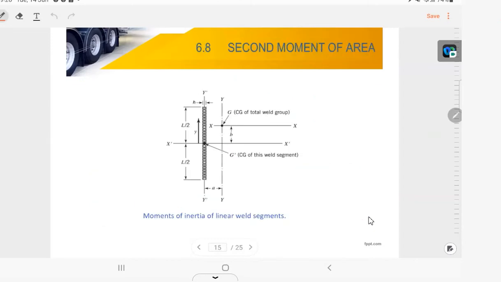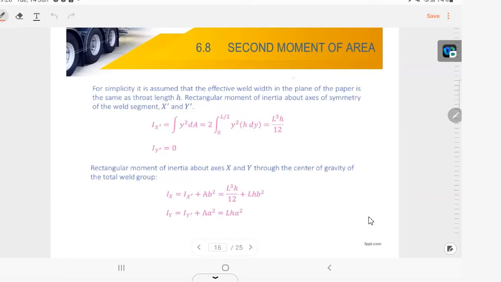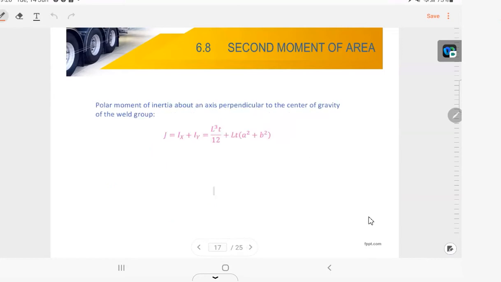is second moment of area. Okay. So for the second moment of area, this is centroid. You have to find the centroid, and it's the B. And for here we call the equation, and for the polar moment of inertia, this is the equation.